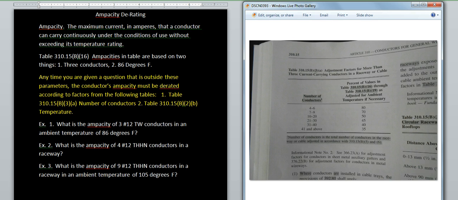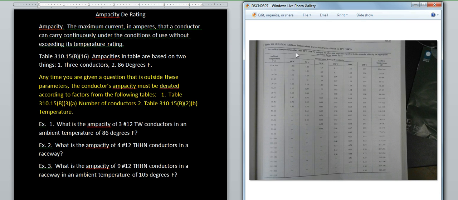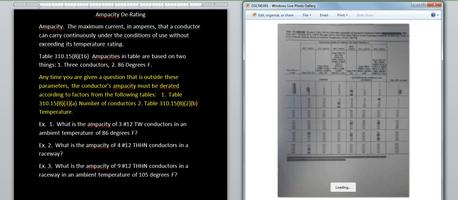If the parameter is discussing temperature, then you'd find that on 310.15(B)(2)(b). So I've got down 3 examples here that I'd like you to take a look at, and we'll just bring this back to its original picture.